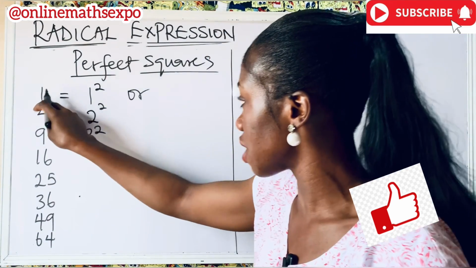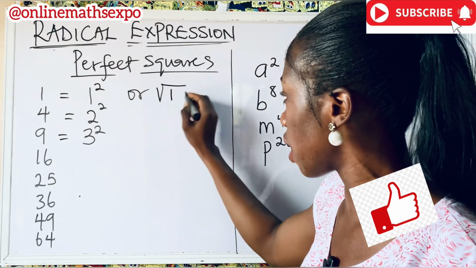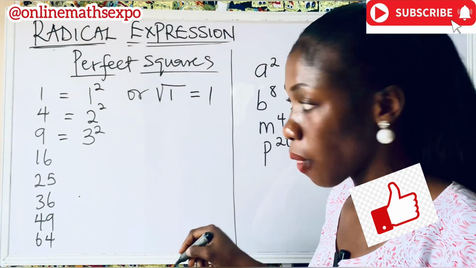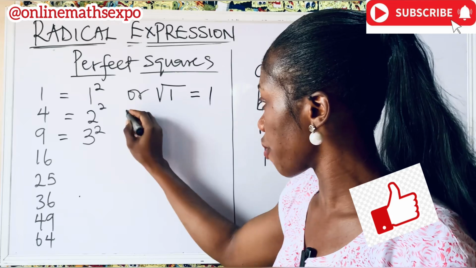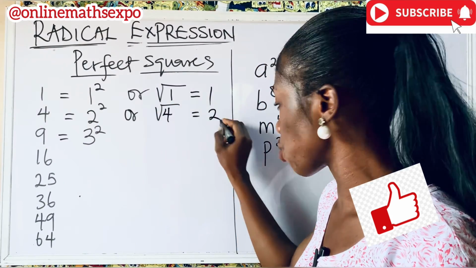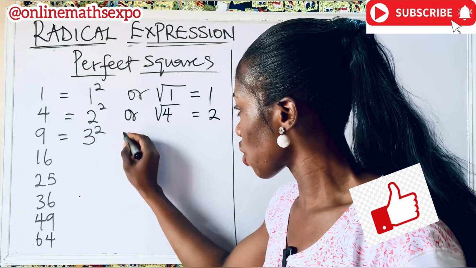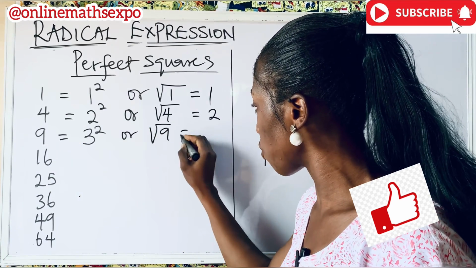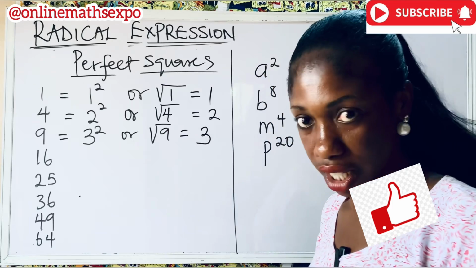So here, 1 is a perfect square because square root of 1 will still give me 1. Now, 4 is a perfect square because when you take the square root of 4, it gives you 2. 9 is also a perfect square because square root of 9 is going to give us 3.